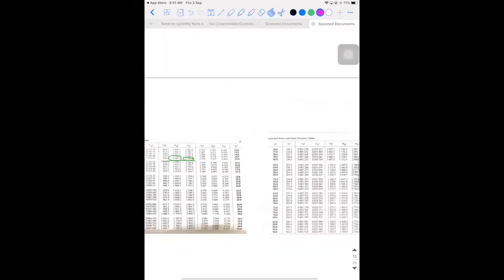This is the 15 bar. And they are the values 2.314 and 4.127. Nice, sir. Okay, very good.